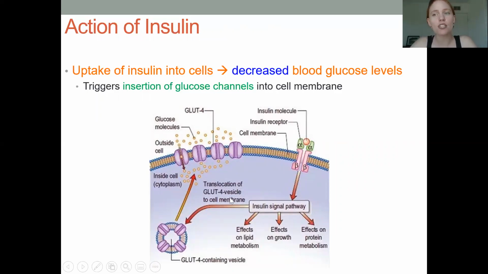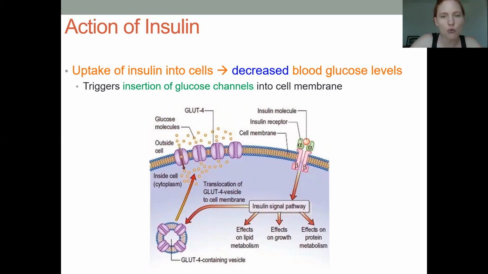Insulin is secreted during the absorptive state when you've got high levels of glucose, and it allows the glucose to get into the cells so that you can do cellular respiration. It's not so much about decreasing the blood glucose levels. It's more about making sure that glucose can get into the cells so that it can be used to create energy. That is the main point of insulin.